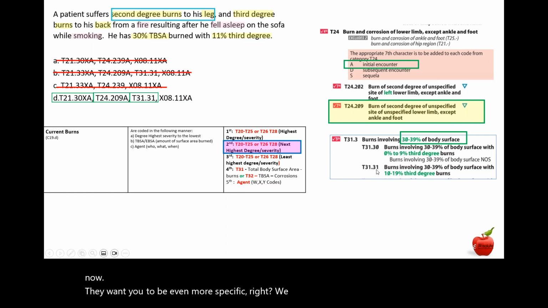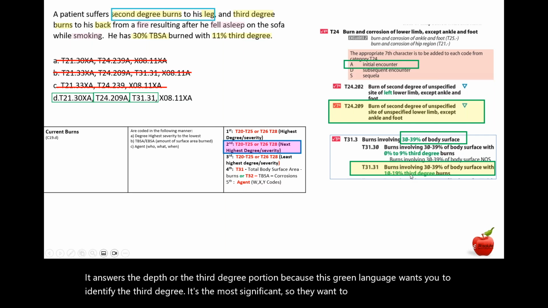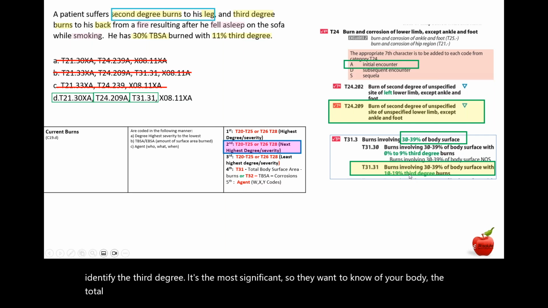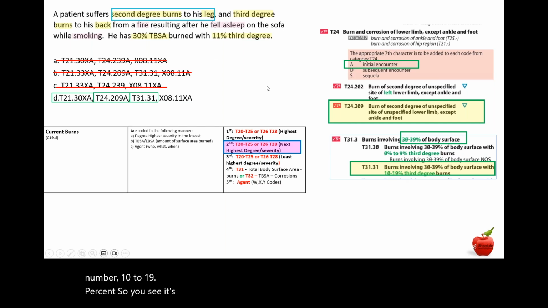We selected 0.31 because it answers the depth or the 3rd degree portion, because this language wants you to identify the 3rd degree. It's the most significant. So they want to know of your total body surface, how much was 3rd degree. And ours is 11%. And 11% falls right within this number, 10 to 19%.